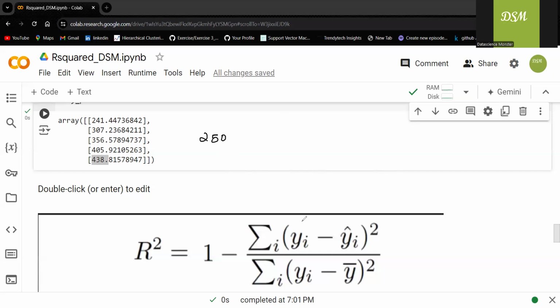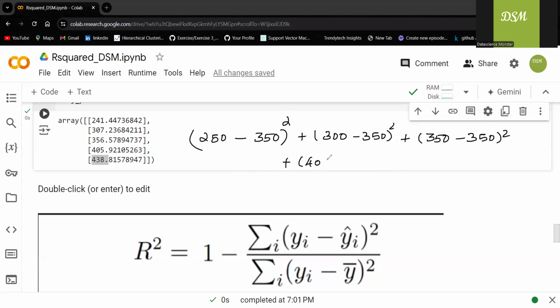250, which is nothing but actual value of y, minus y bar, which is nothing but the mean value. The whole square plus 300 minus 350 the whole square plus 350 minus 350 the whole square plus 400 minus 350 the whole square. I'm so sorry. 450 minus 350 the whole square.